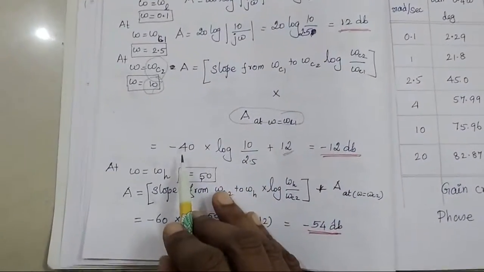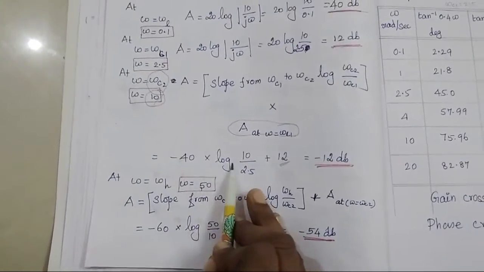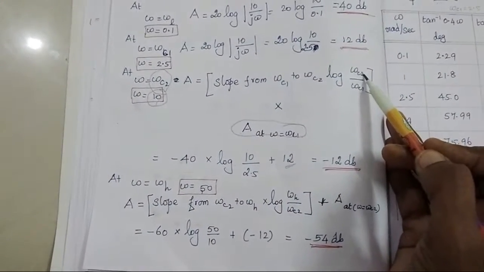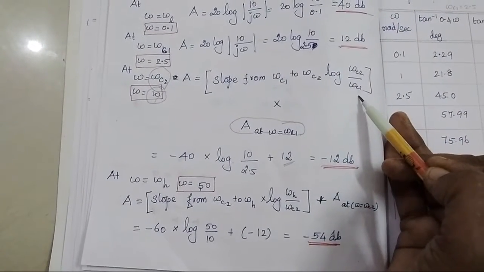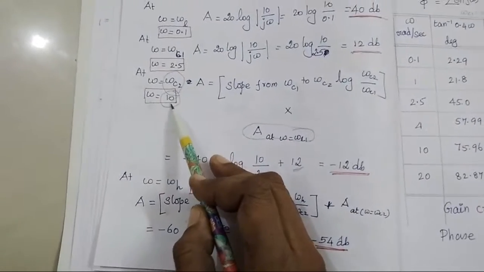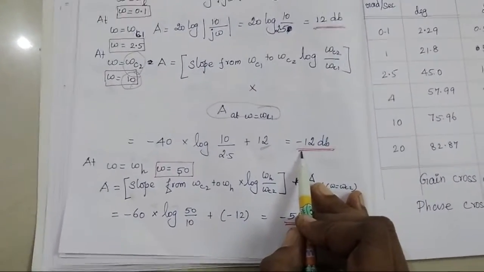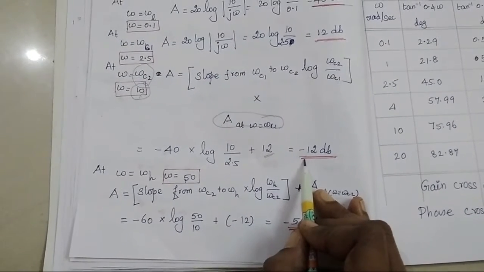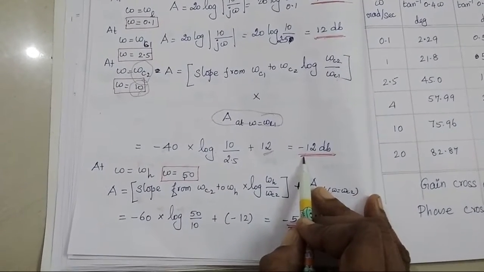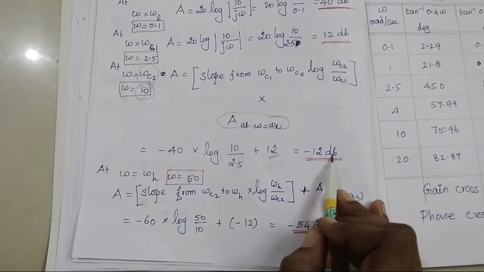So here you put it over minus 40 into log omega C2 value 10, omega C1 value 2.5, 10, 2.5. Substitute here and now we find gain at omega equal to omega C2 is minus 12 dB.